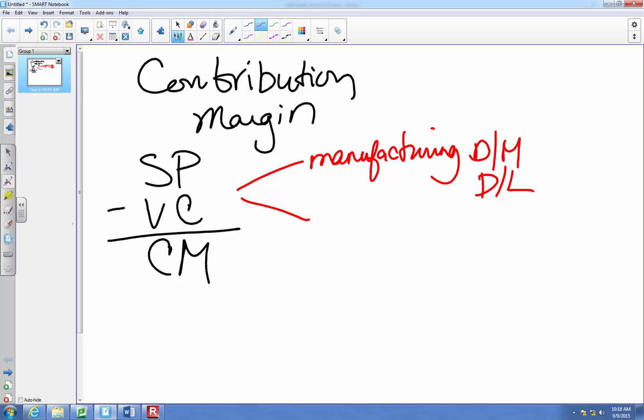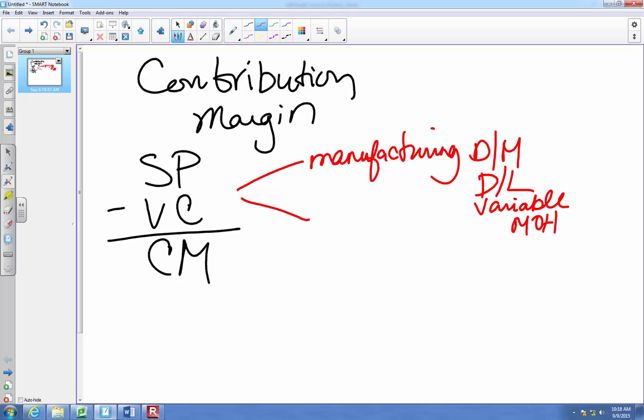All of it? Like my depreciation on my factory equipment, is that variable or fixed? That's fixed. So specifically, my variable overhead. Like the per kilowatt charge for the electricity in the plant. The indirect materials. But you can also have fixed overhead, can't you? Like the depreciation on the plant.